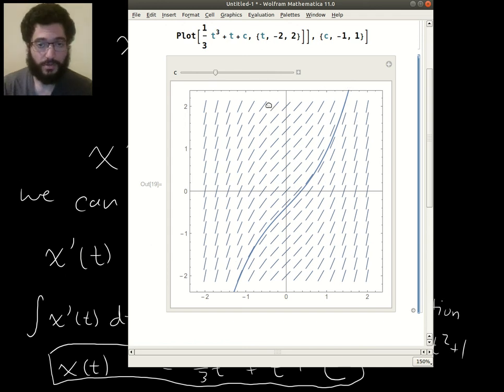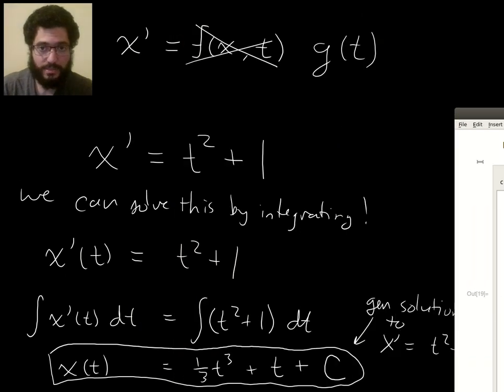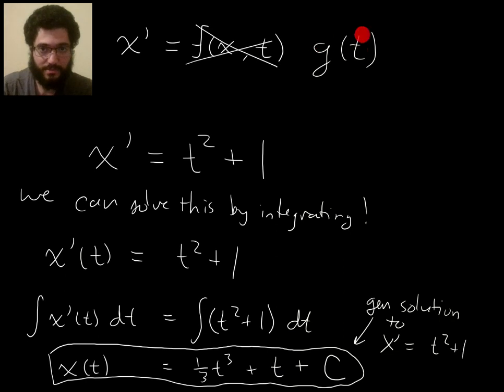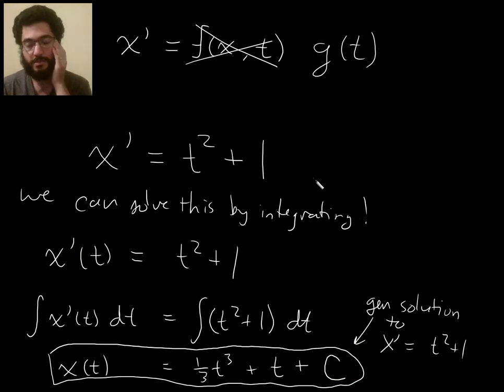Now, for situations where it's not like this, x prime equals something only involving t, for the more complicated first-order differential equations, where you could have a function of x and t here, it'll look different. You won't get this nice plus c, like you saw with the infection model from the previous lecture.